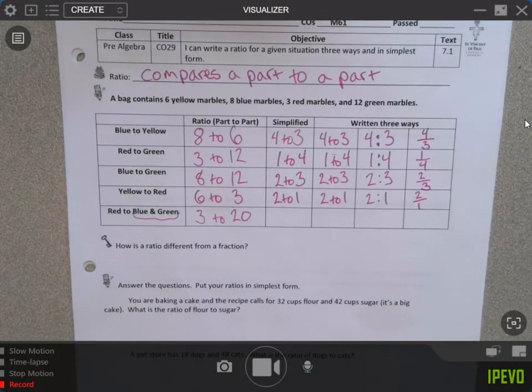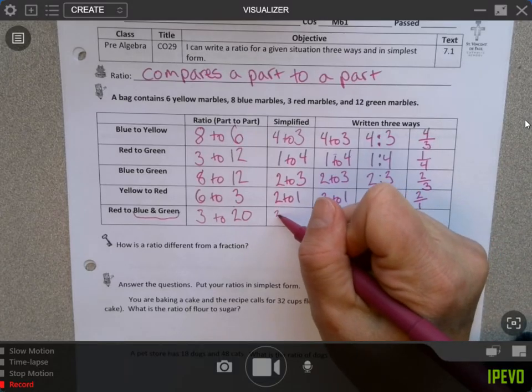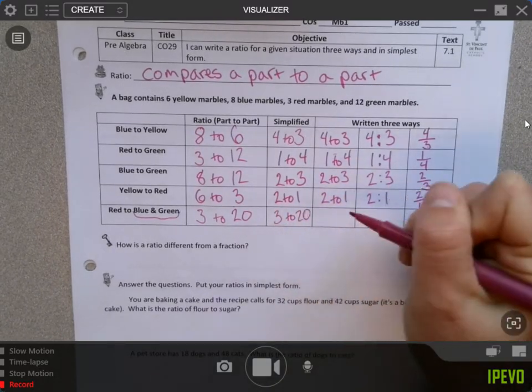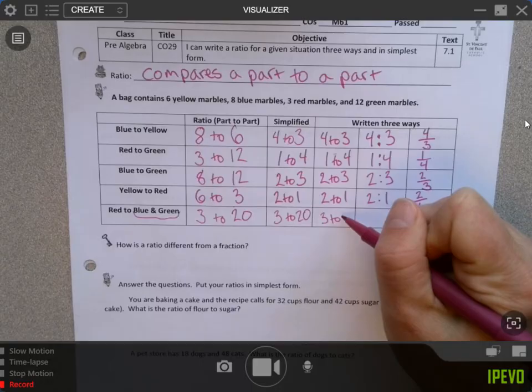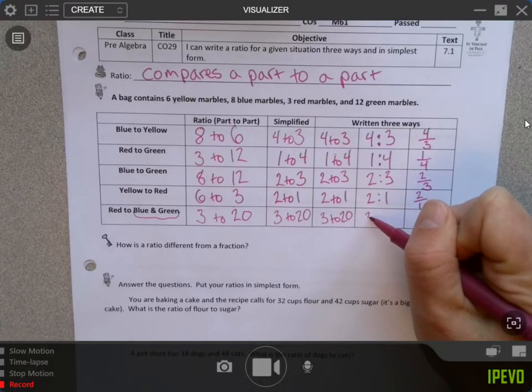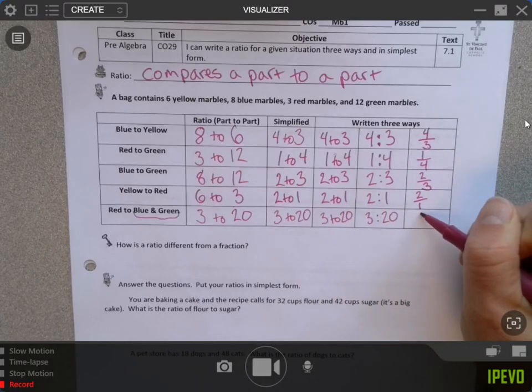So 3 to 20. What would that be simplified, Amala? 3 to 20. We can't go any simpler than that. So then I write it my 3 ways with the word 2, with the colon, and with that fraction bar.